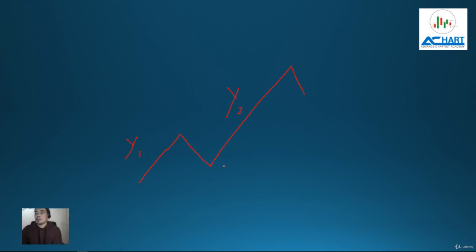Now by comparing, or in the chart you can drag this Y2 to Y1, you can obviously see that price trend number 2 is longer than price trend number 1, and hence you can conclude that the buyer becomes more aggressive. Thus, after it retraces, it will go upwards.